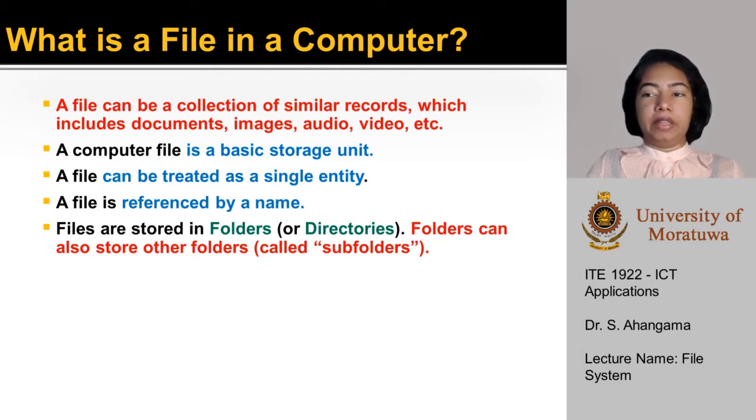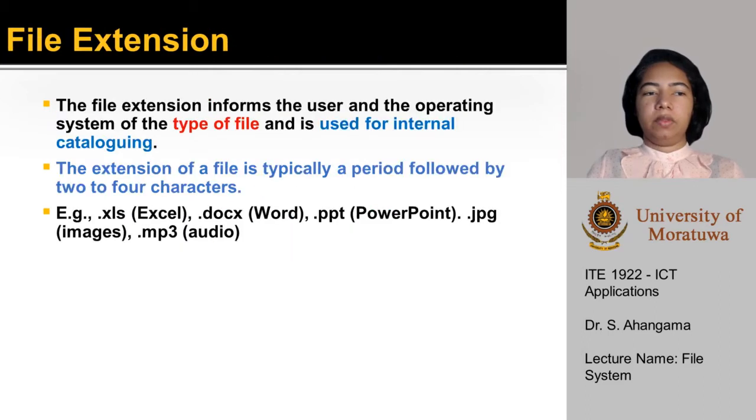Directories help in the storage and organization of files on a computer. In Windows, they are known as folders. Folders can also store other folders, known as subfolders. File extension. The file extension informs the user and the operating system of the type of file and is used for internal cataloging.